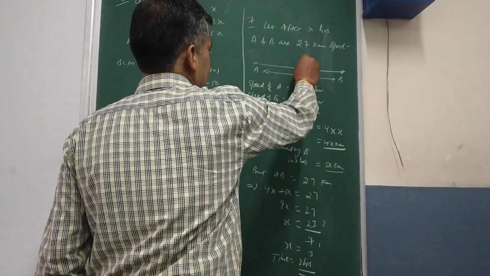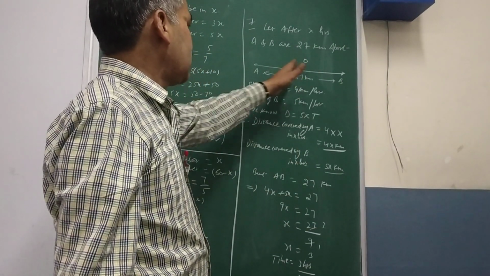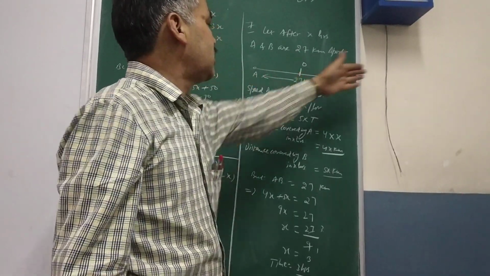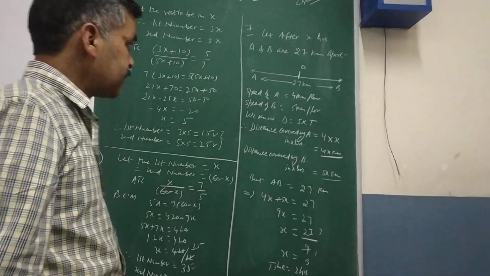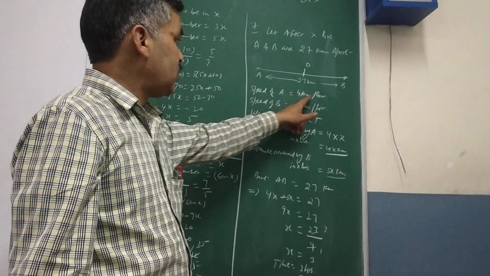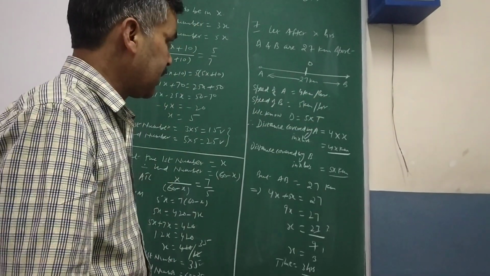Suppose this is the point somewhere, I am saying O. From O, A is walking in this direction towards OA and B is walking in this direction, that is OB. So speed of A is given equal to 4 km per hour and speed of B is given equal to 5 km per hour.